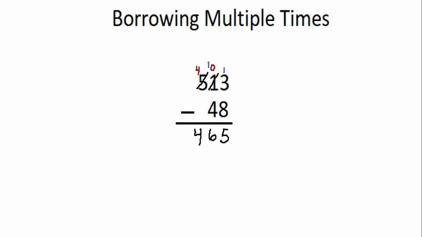Our answer is 465. 513 minus 48 equals 465.